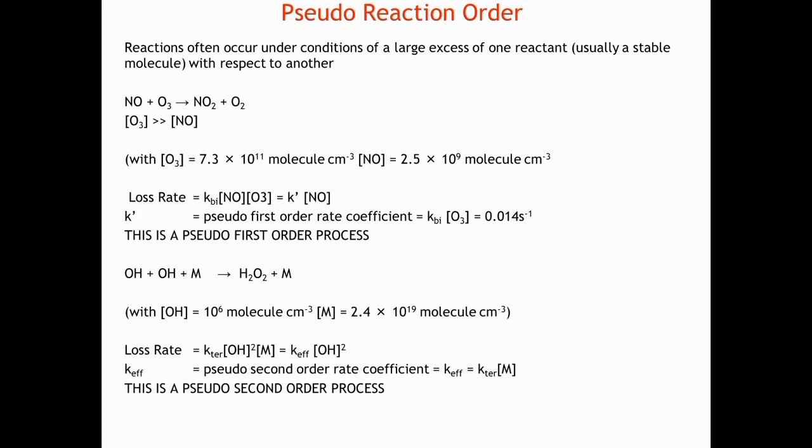If you see this peroxide, peroxide is formed from HO2 plus HO2. What's the order of this reaction? This is second order. And this one is a third order reaction. So this one here is pressure dependent, this one here is not pressure dependent. This one depends on M.